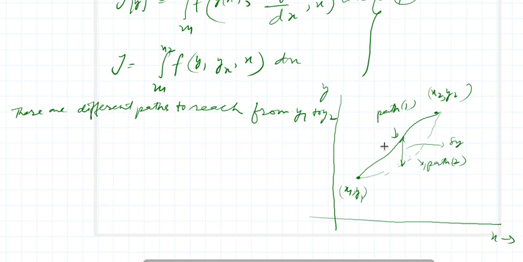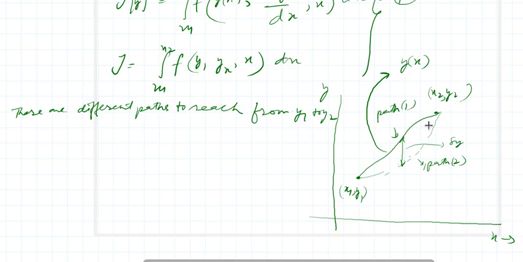So say, let us assume that this is the actual path, and this is a different path. This second path is a little bit different than the first path.